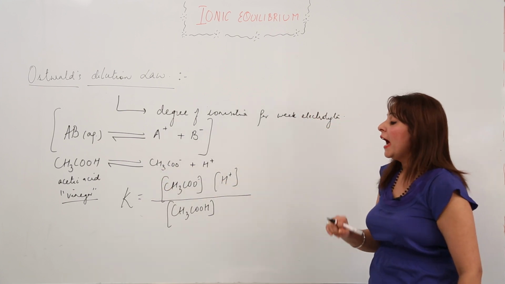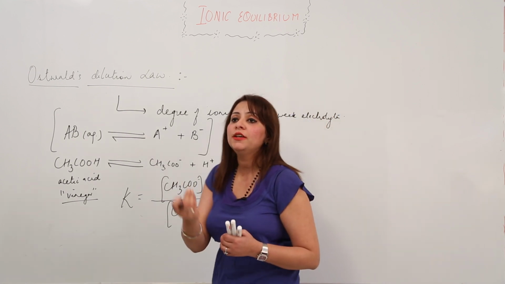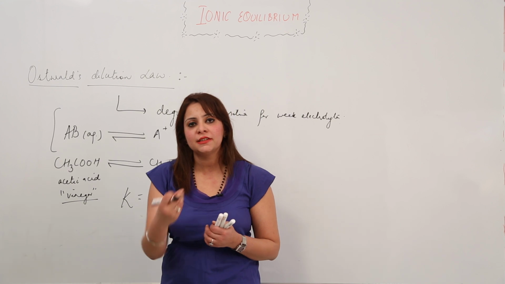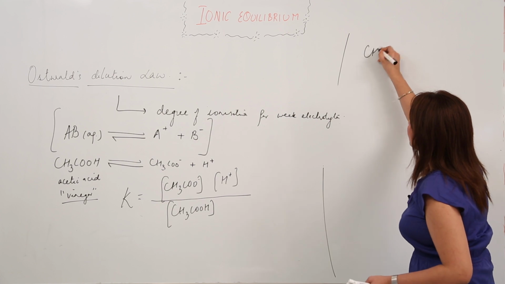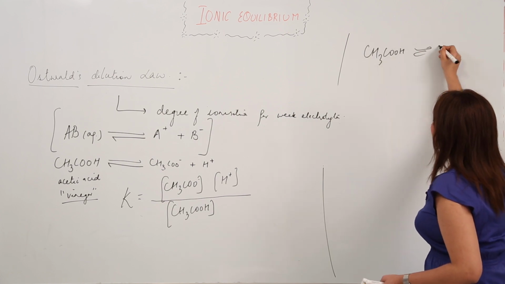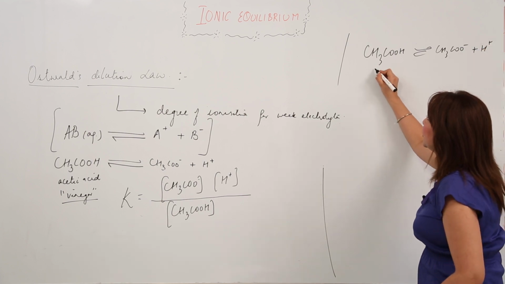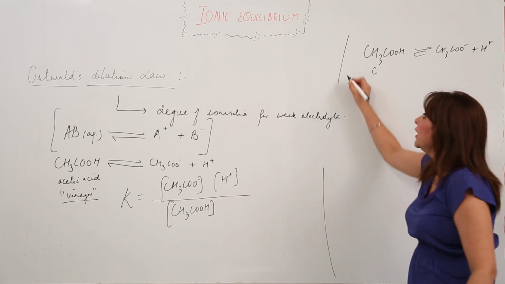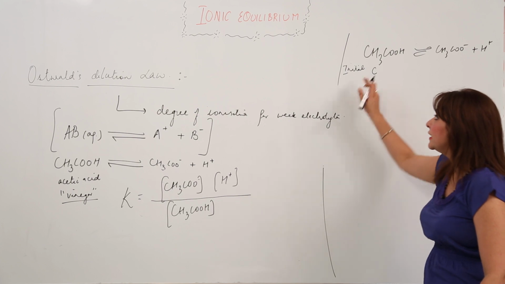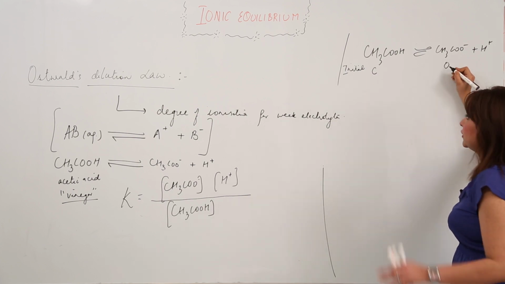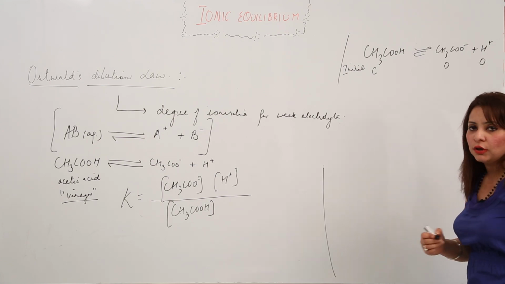Now I am going to take a certain variable for the concentration. Suppose we know there is an equilibrium between this and this. Suppose the initial concentration of acetic acid, when it is not dissociated, is C. The initial concentration of acetate ion was 0, and for the hydrogen ion also it is 0.